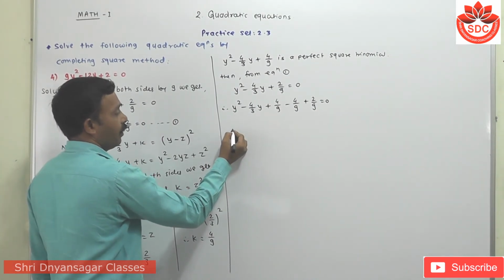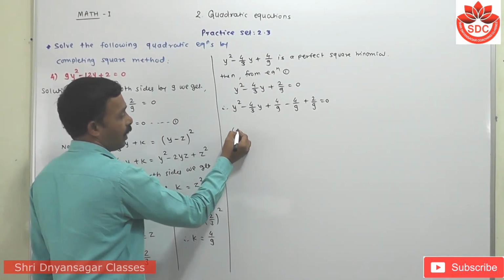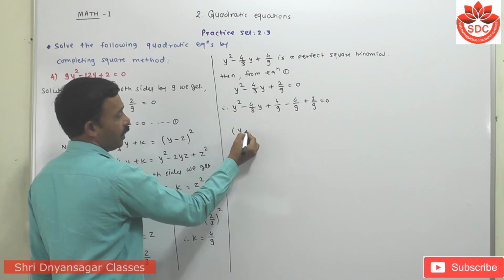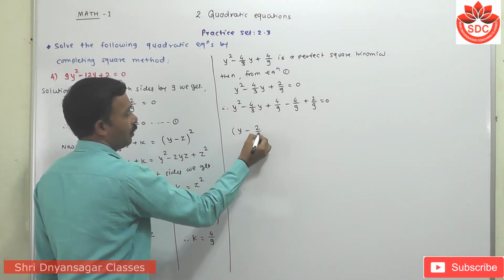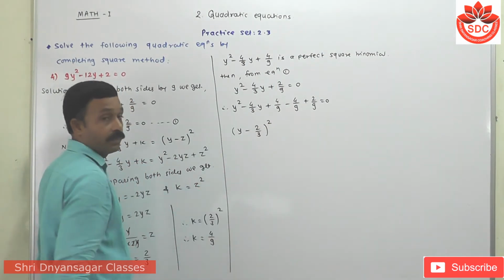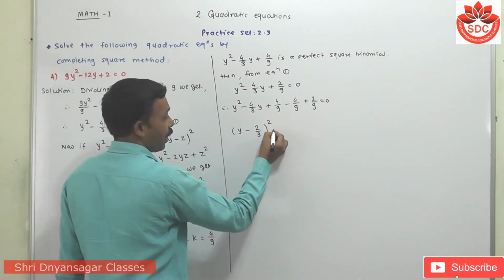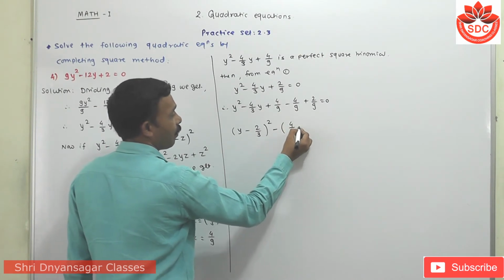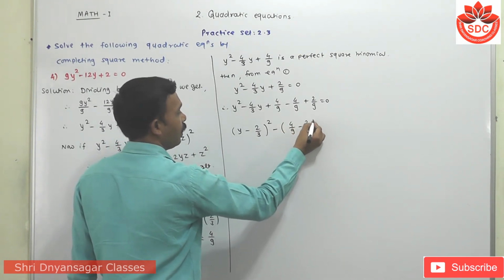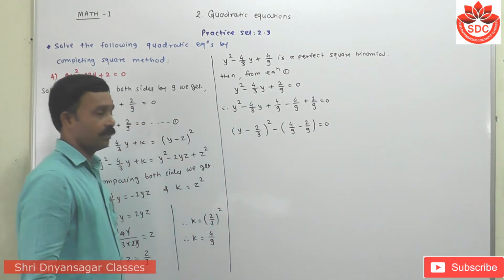Now, then we find out its square root. The square root of y square is y. Use the sign of the middle term. Middle term is minus sign. And this is 2 upon 3 bracket square. Then I have to write this one is minus in bracket 4 upon 9 minus 2 upon 9 is equal to 0.